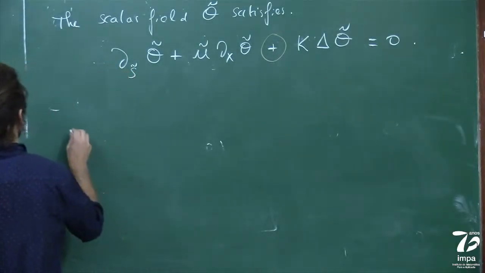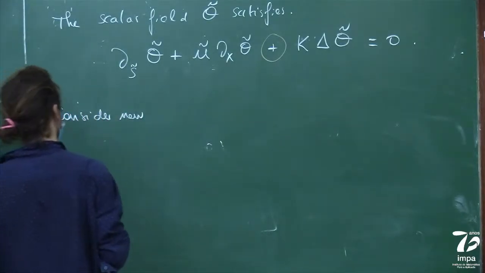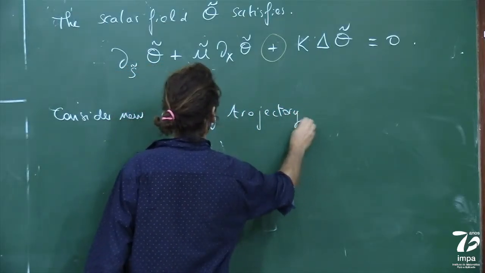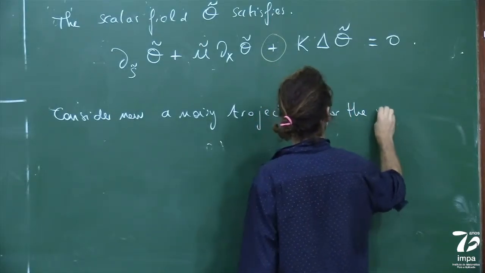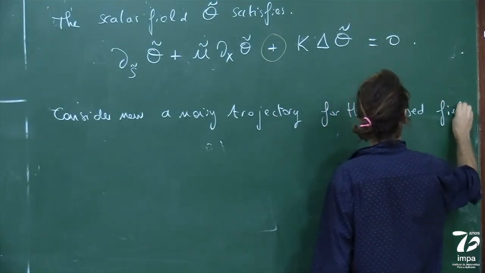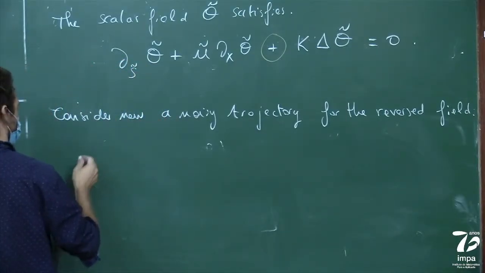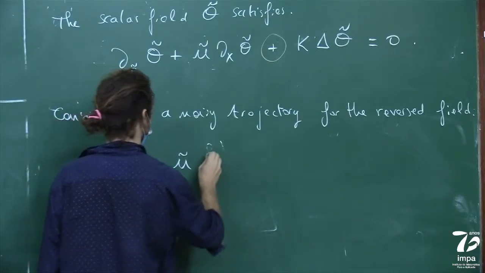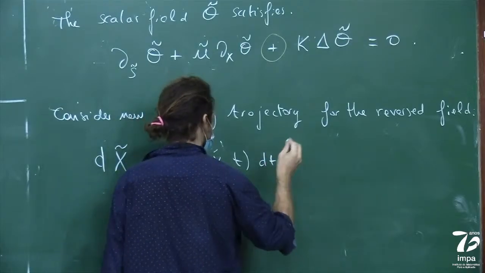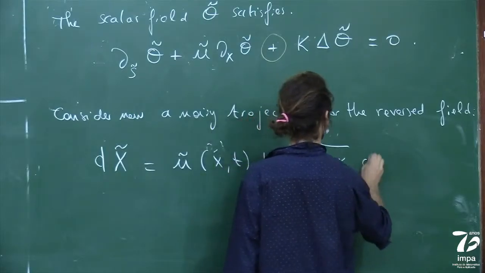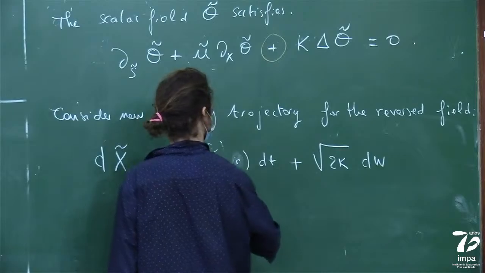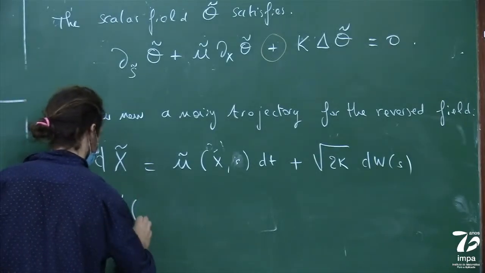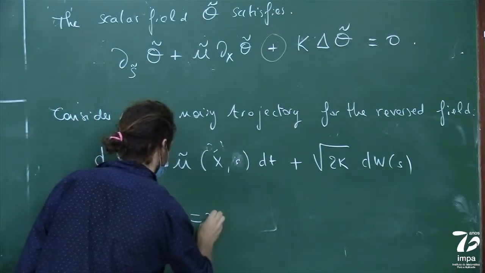And so now consider a noisy trajectory for the reverse field, something like a particle satisfying d of x tilde is u tilde of x tilde, t dt plus a noise, with the initial condition that x tilde at S tilde equals 0 is x.